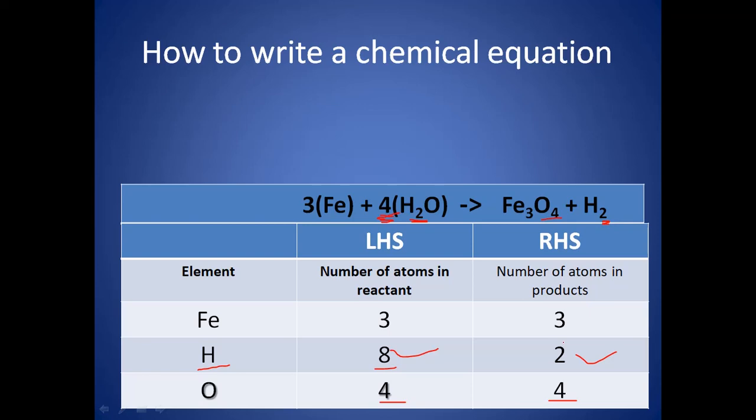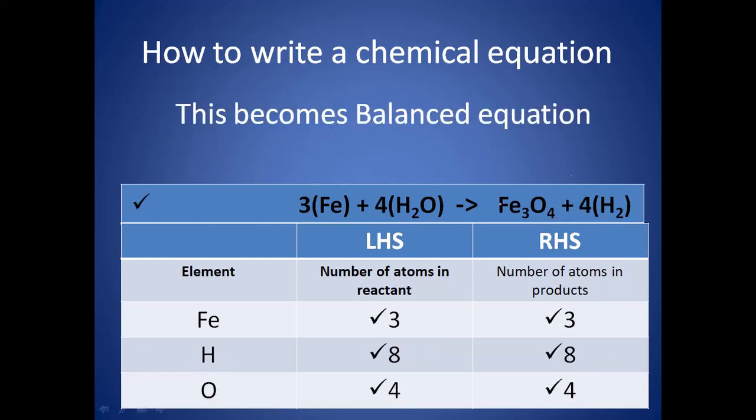So obviously hydrogen gets angry. Let's see what happens next. We have to make this 8. So we put 4 hydrogens over here and see, every element has been matched. So in this case, we get 3 ferrous, 4 H2O, then 1 ferric oxide and 4 H2 of hydrogen.